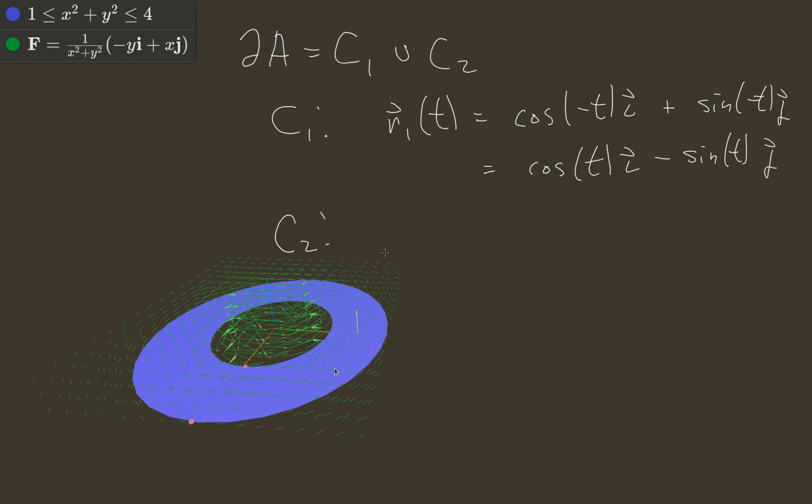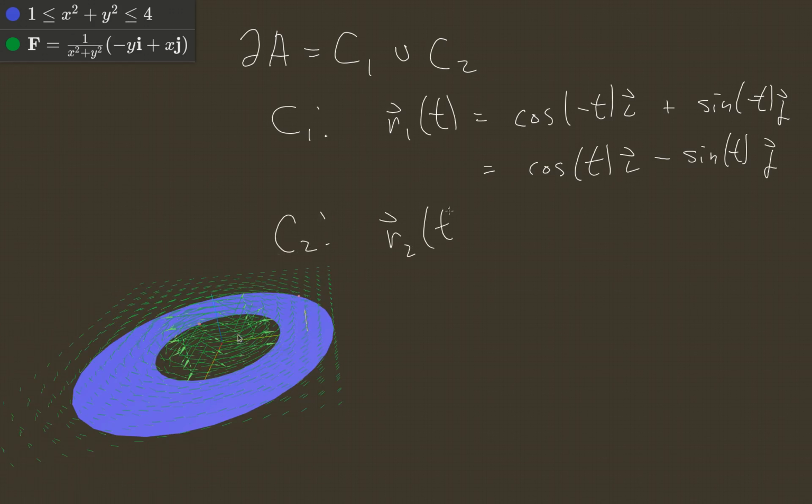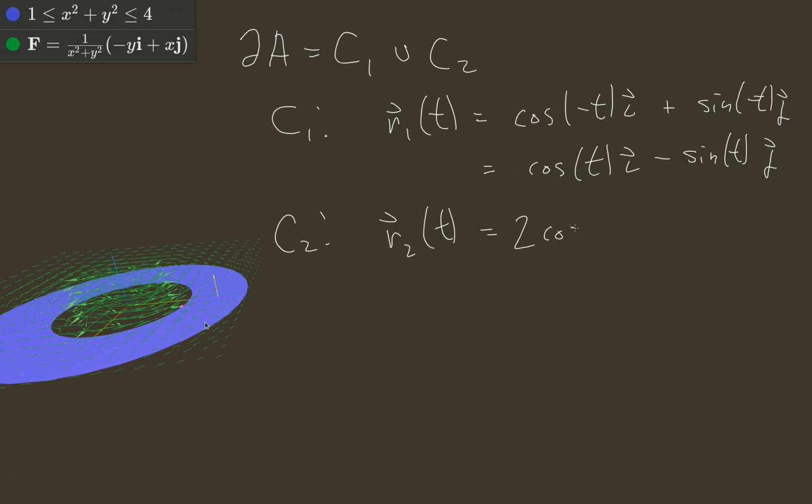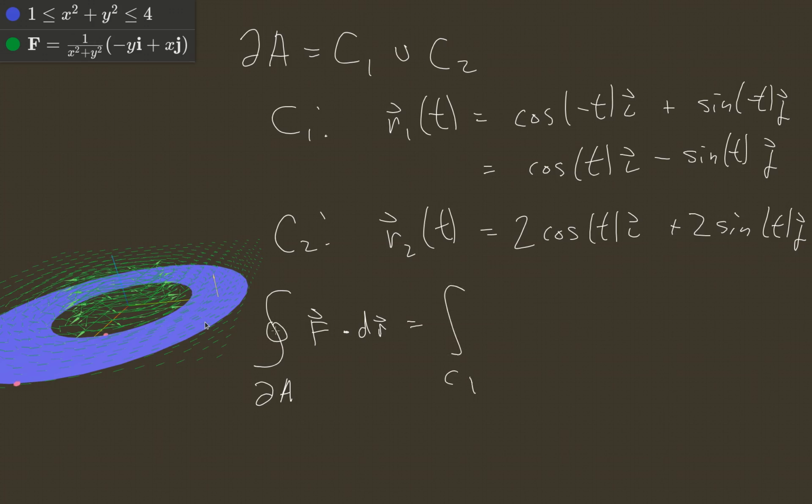And C2 we'll parameterize by r2 of t is 2 cos t i plus 2 sin t j. So now the integral over the boundary of A of F dot dr is the integral over C1 of F dot dr1 plus the integral over C2 of F dot dr2.